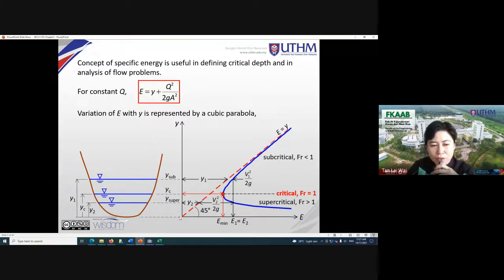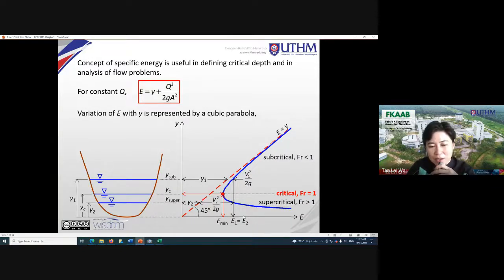If you have your x and y scales equal, it would be a square, and this would be at 45 degrees. This 45 degrees depends on the scale of your E and y. It shows that if E is 1 meter, your y would be 1 meter as well. So at this point, that would give you 45 degrees.